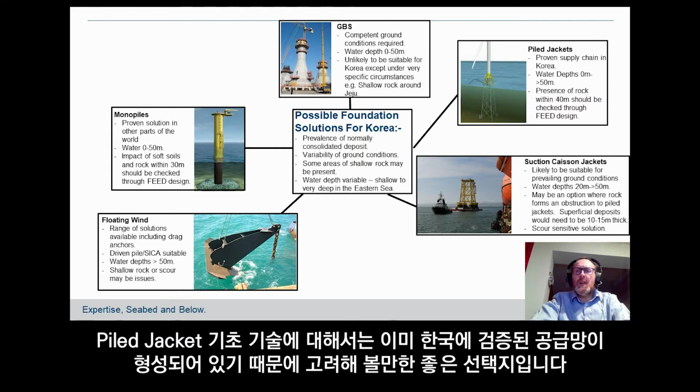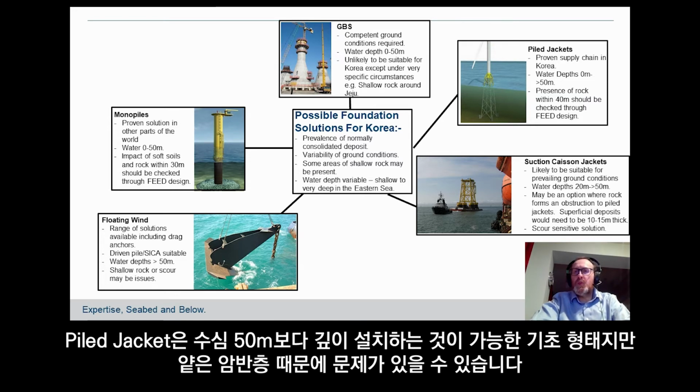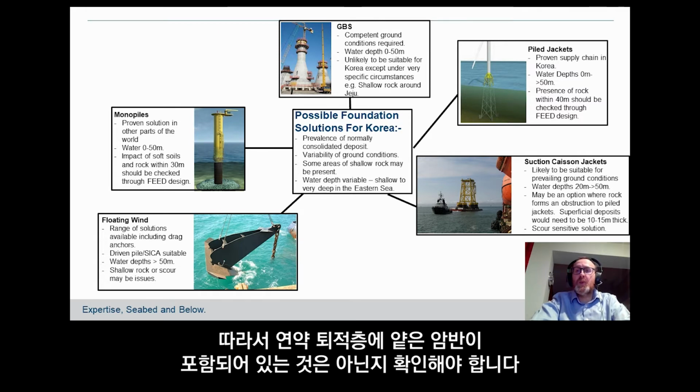Pile jackets is a technology for which there's a proven supply chain within Korea, and so it could be a very good option here. It's possible to go to greater water depths than 50 meters with this solution, but the presence of shallow rock may cause some issues and would have to be checked because pile length might be significant in the soft deposits.